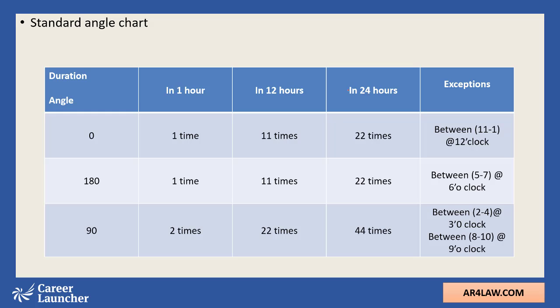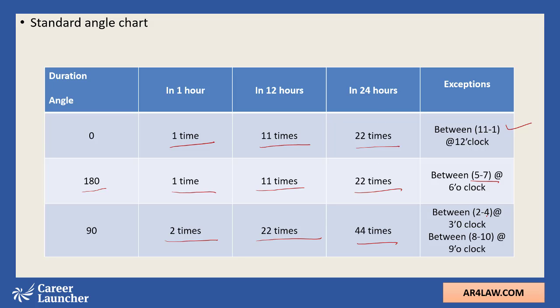So 0 degrees in 1 hour is created 1 time, in 12 hours 11 times, in 24 hours 22 times. Exception 11 to 1. 180 degrees in 1 hour 1 time, in 12 hours 11 times, in 24 hours 22 times. Exception are 5 to 7. 90 degrees in 1 hour is created 2 times, but in 12 hours it's created 22 times, in 24 hours 44 times.